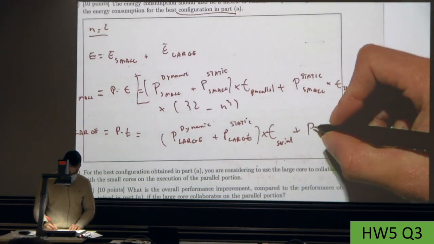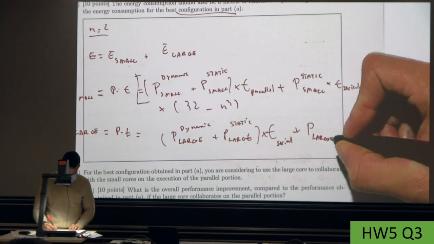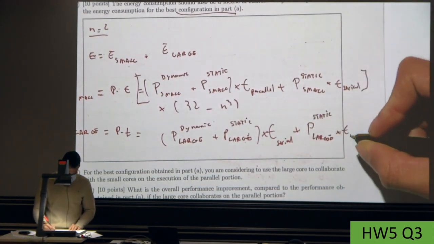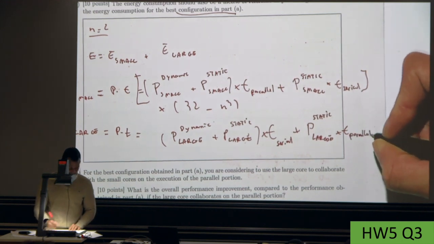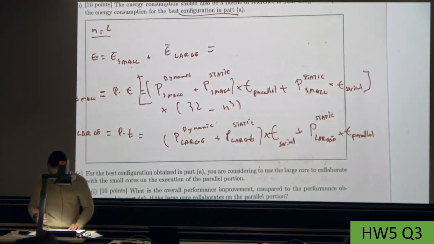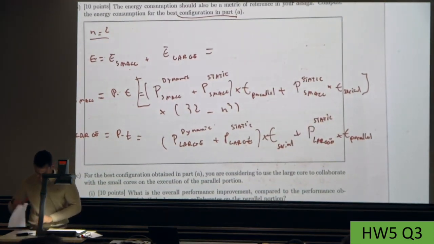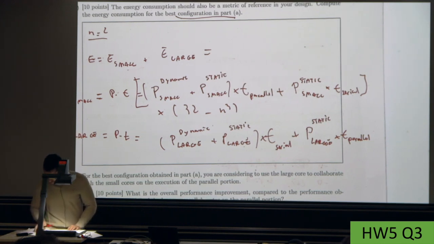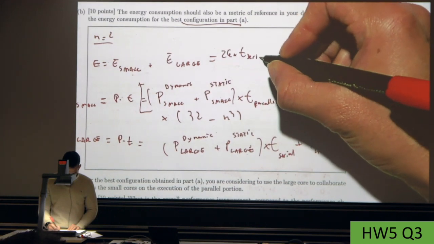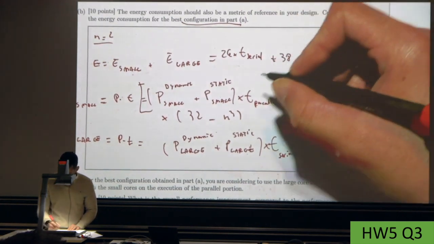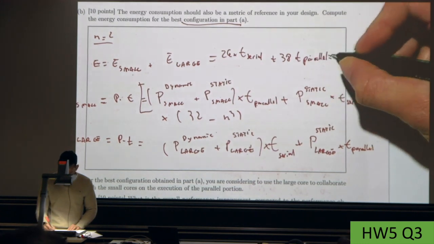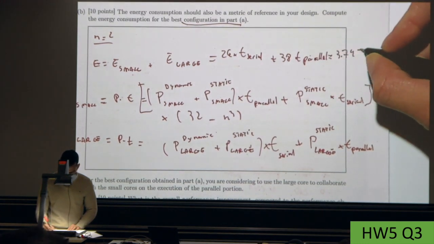So the static power for the large core times the time for the parallel part, that is the time that this core is not doing anything. If you look at the solution, I'm not going to put numbers here, it is 26 times the serial part time plus 38 times the parallel part time, and this gives you 3.74 joules.